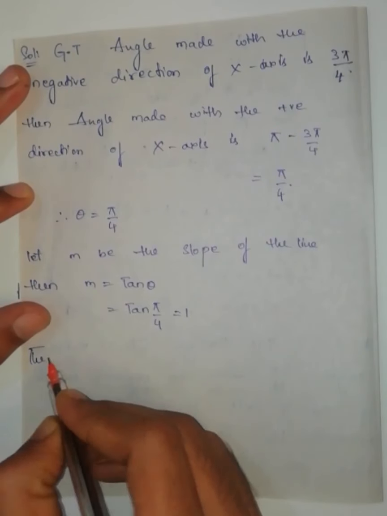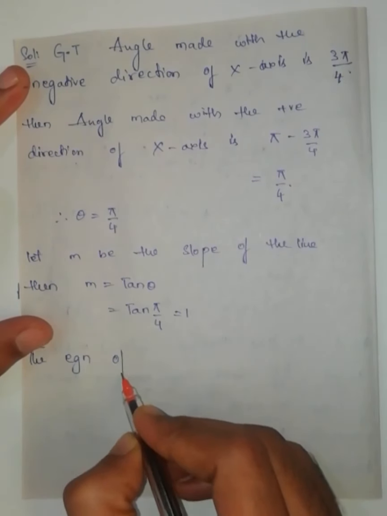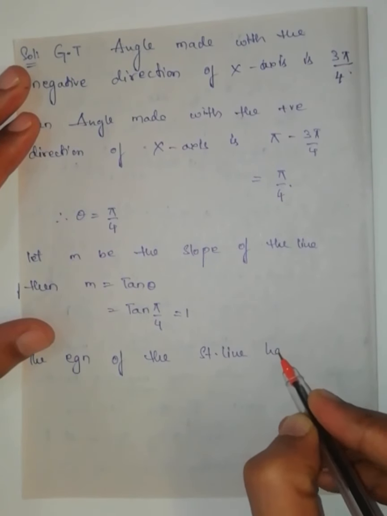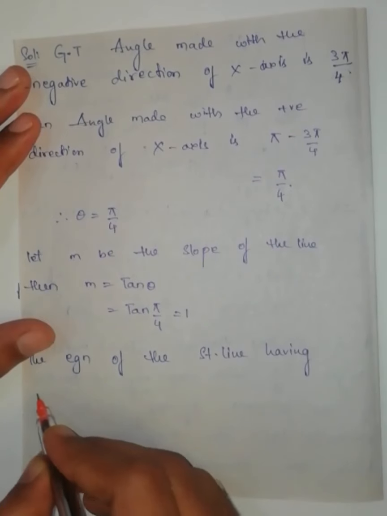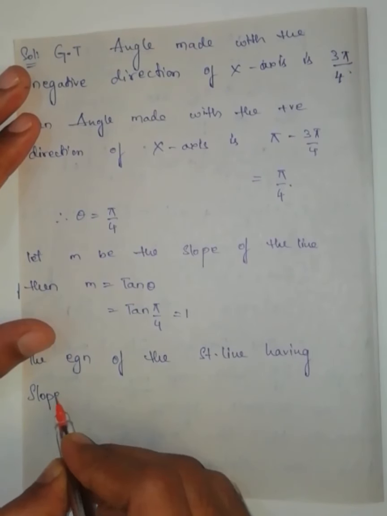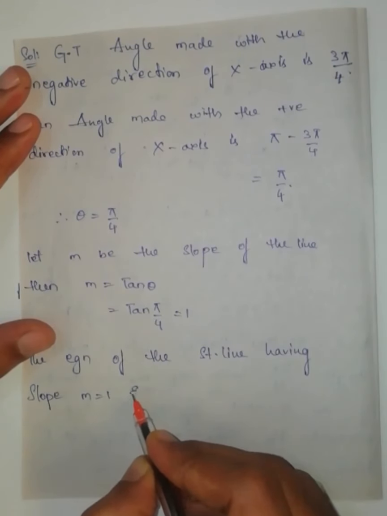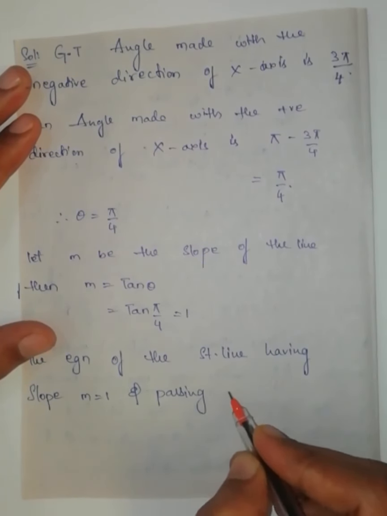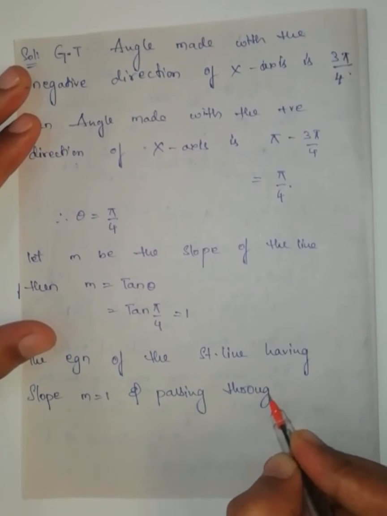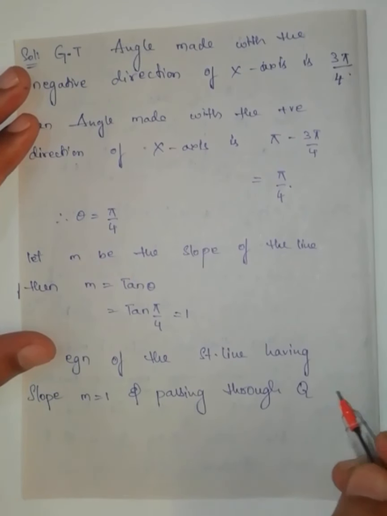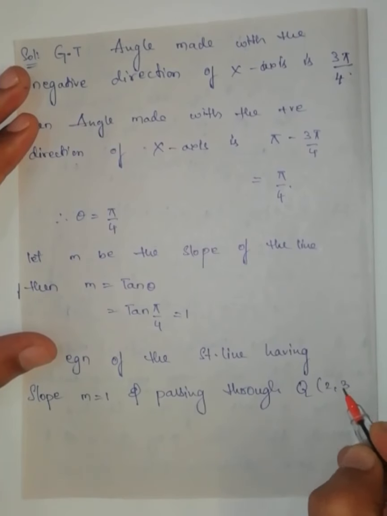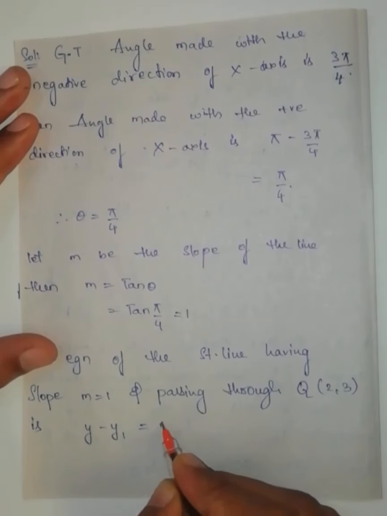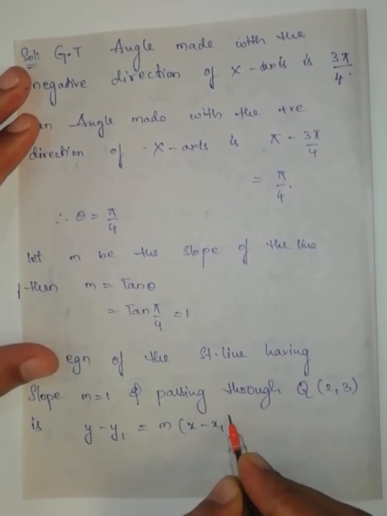The equation of the straight line having slope m is equal to 1 and passing through Q of 2 comma 3 is y minus y1 is equal to m into x minus x1.